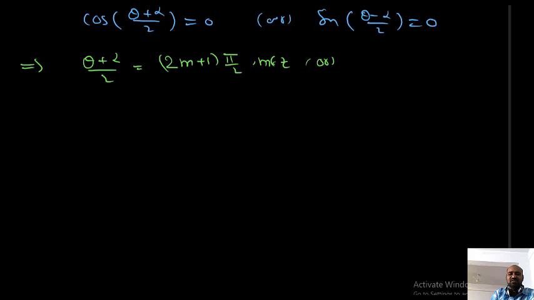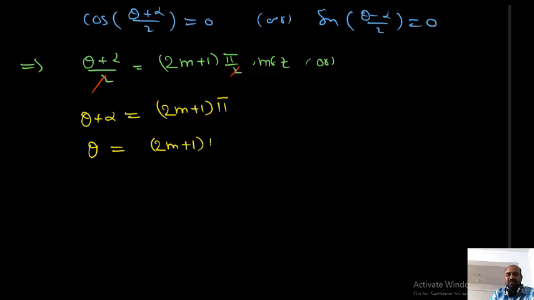Just now explained, 2 gets cancelled. So what happened here? Theta plus alpha equal to (2m plus 1) into pi. I want only theta, no? Theta equal to (2m plus 1) into pi minus alpha, m belongs to Z.